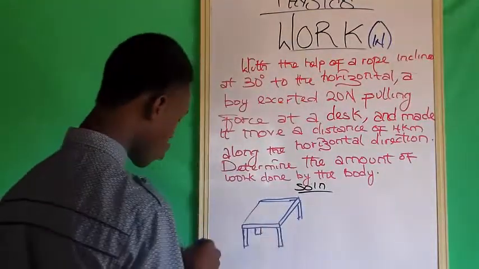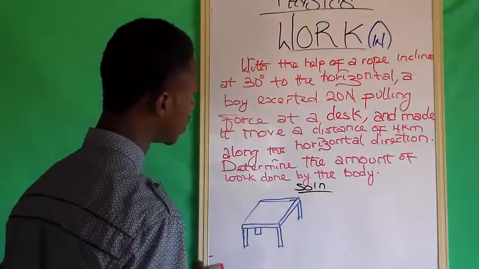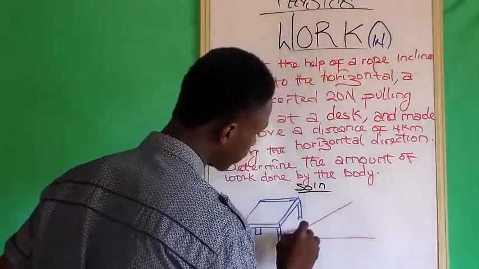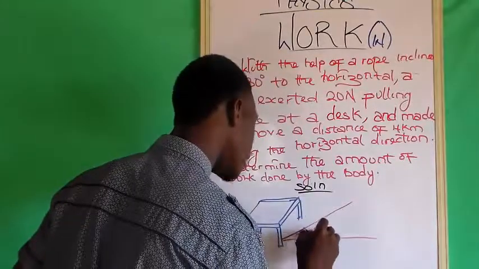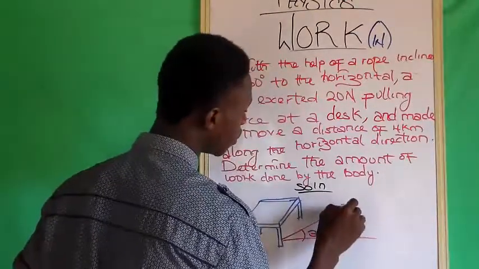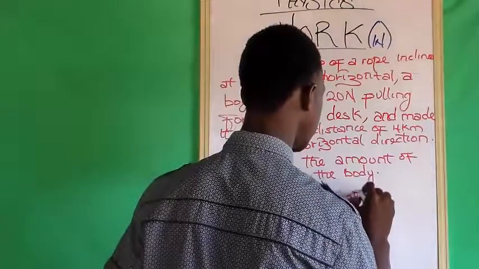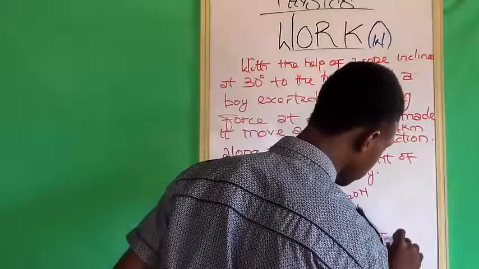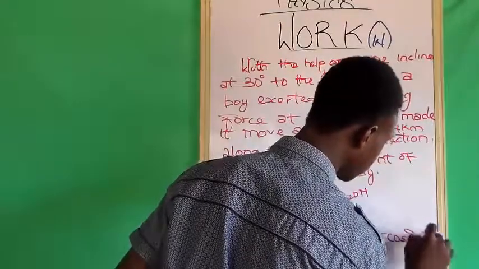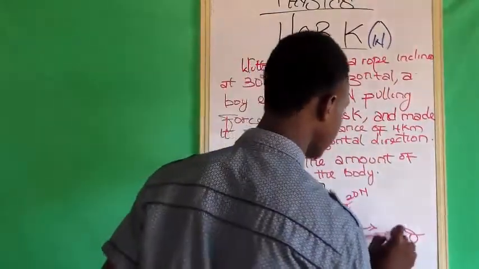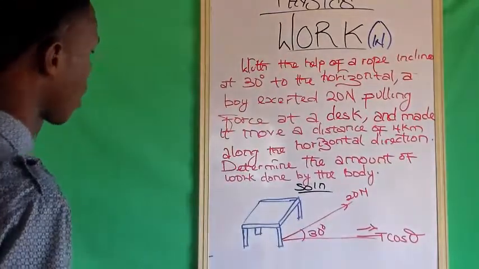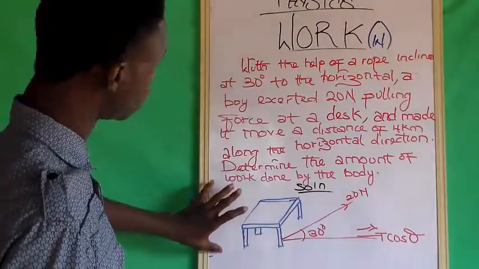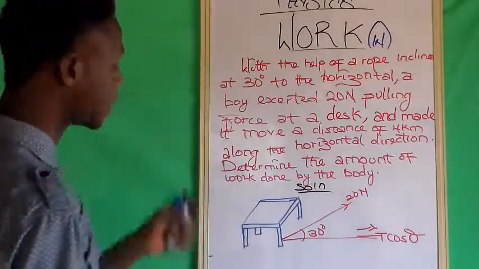And now a rope was inclined to the table at an angle of 30 degrees with a force of 20 Newton, with cos theta. And now we have used a diagram to explain all this.